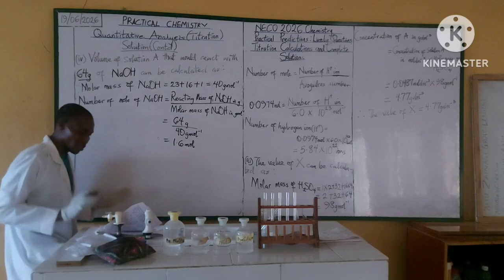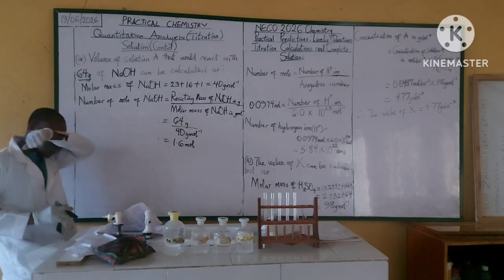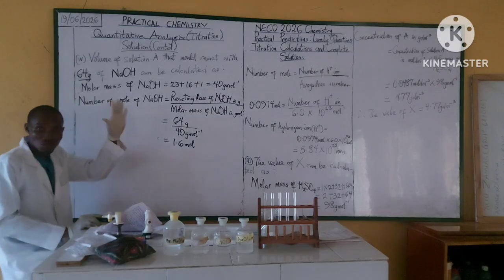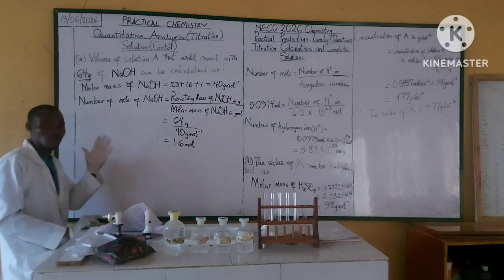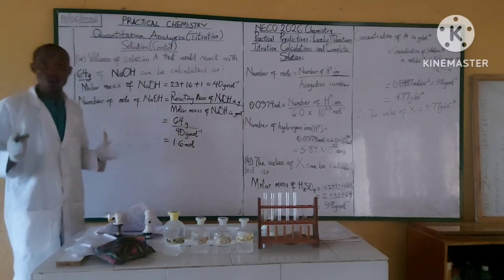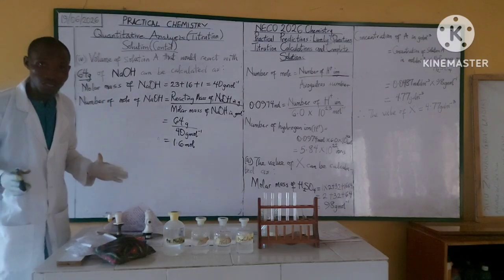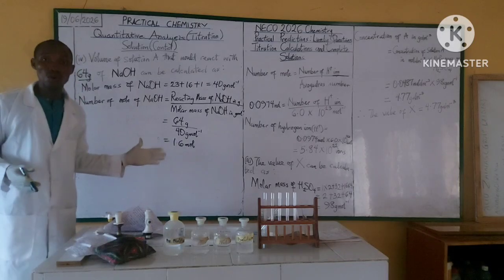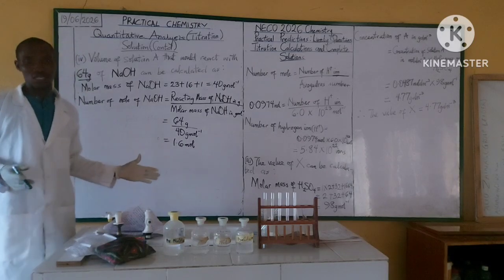Now, that will take us to the equation of reaction. From the equation that was written the other time, if you remember, 1 mole of sulfuric acid reacted with 2 mole of sodium hydroxide.